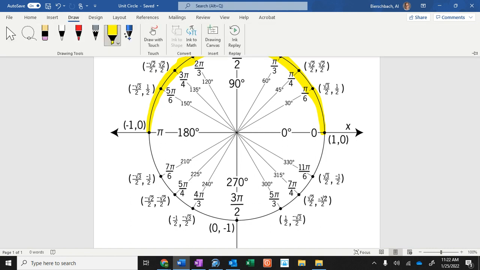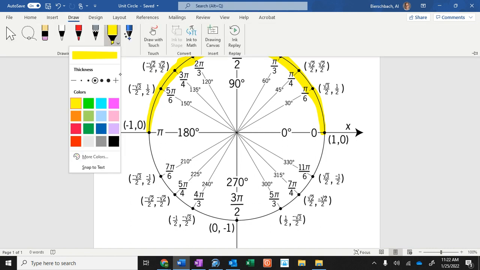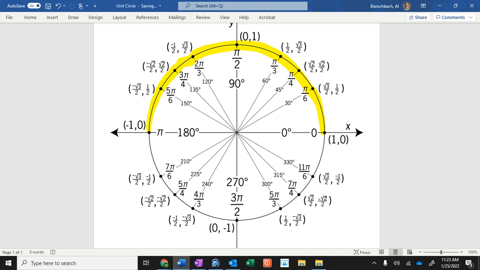Where things get a little crazier is when we're dealing with sines and tangents. When you're dealing with sine and tangent, where is the sine equal to 1/2? What's one place? 30 degrees. What's the other place? 150.